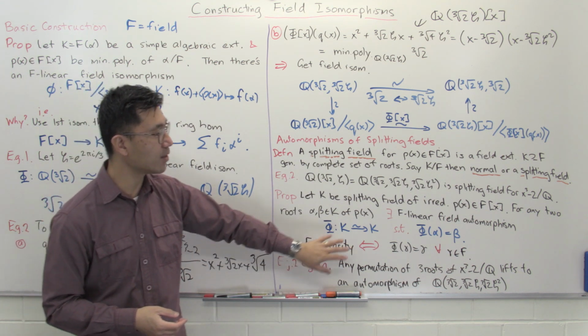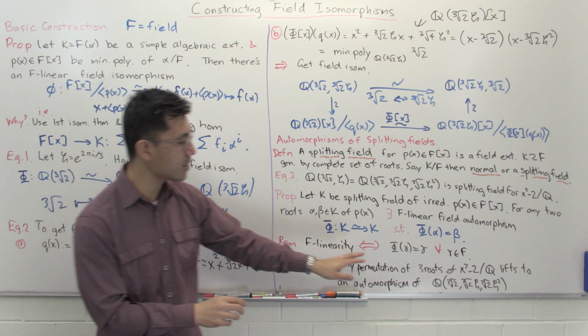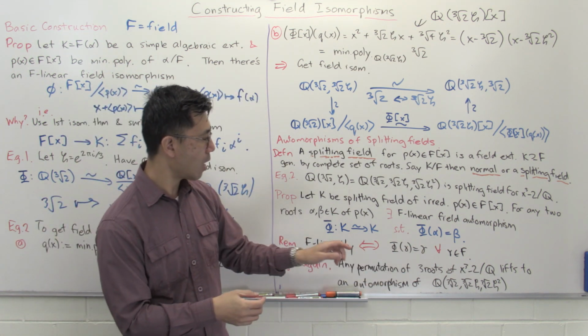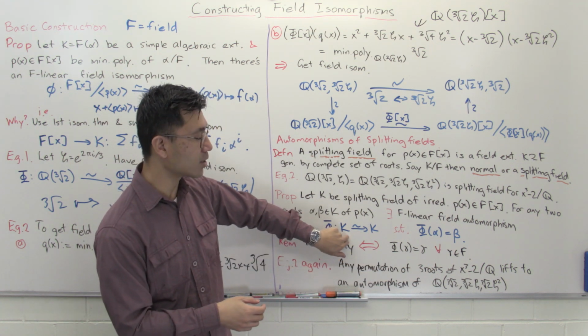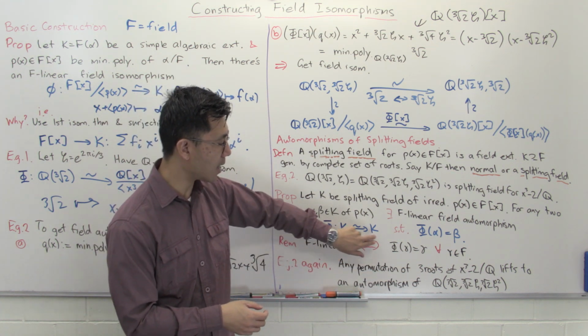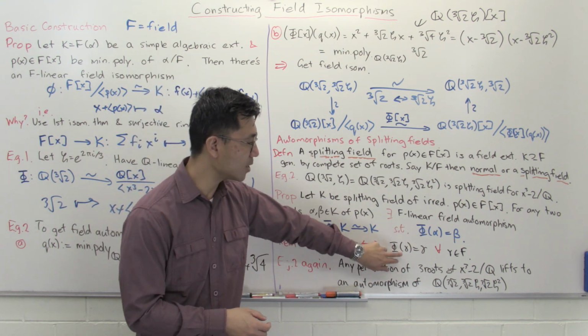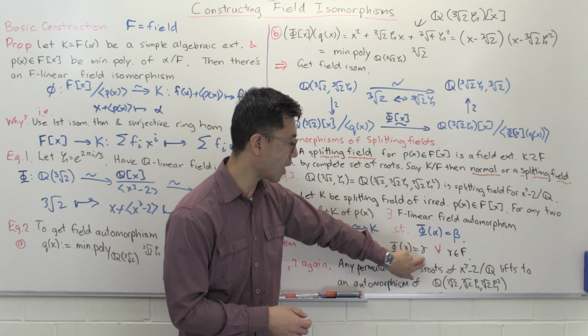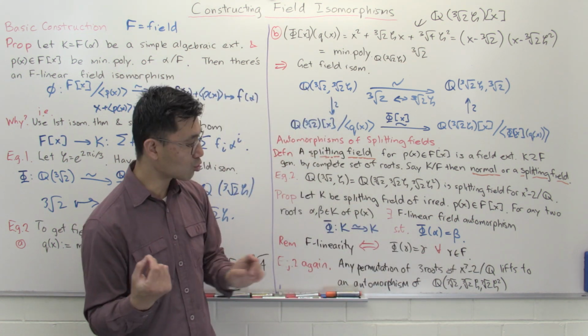Firstly, F-linearity. What does that really correspond to? Another way to state F-linearity here is that this K, remember, is a field extension of F, so it contains F. And what it means is that phi just sends gamma to gamma for every gamma inside F. So why is that true?